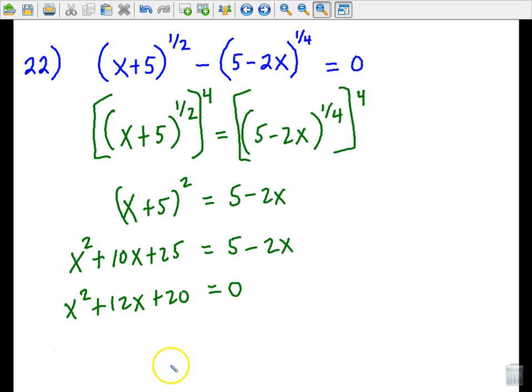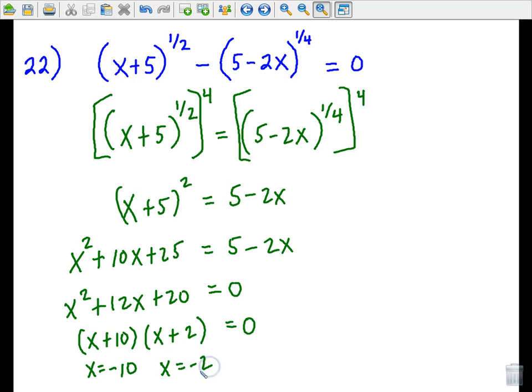Let's see. Blake, how do you factor as two linear binomials? Are there factors of 20 that add up to 12? What about 10 and 2? 10 times 2 is 20, 10 plus 2 is 12. So what are our solutions?